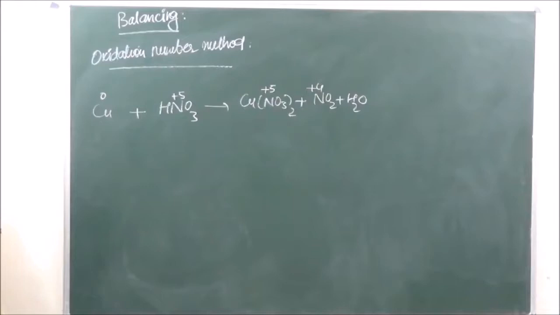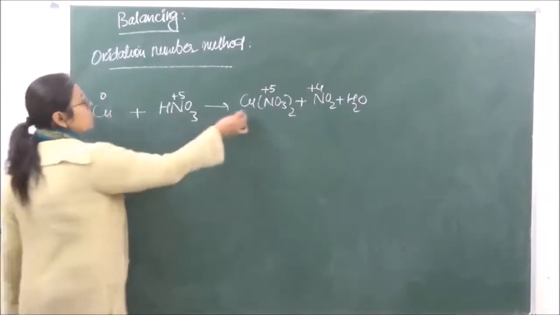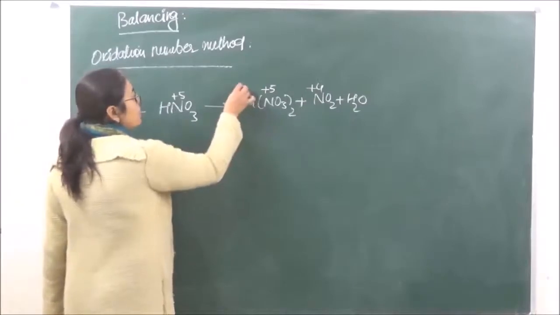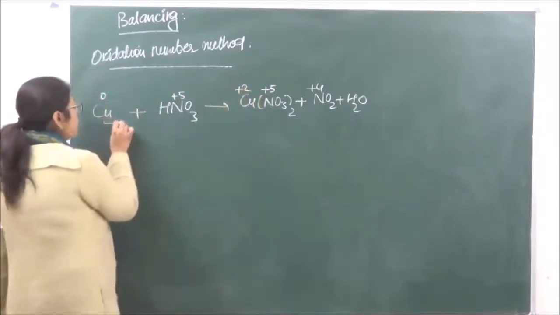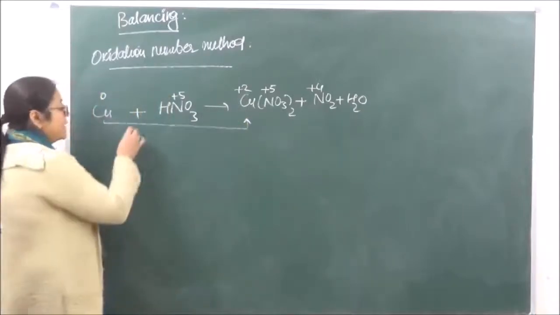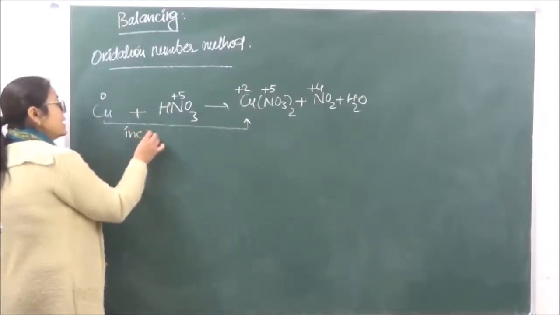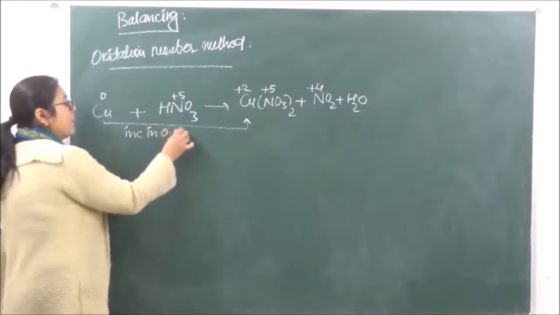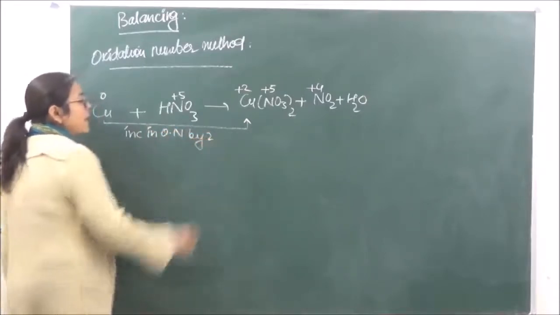Okay, so copper: what is going to be the oxidation state of copper over here? Plus 2. So copper is going from 0 to plus 2, right? So there is an increase in oxidation number by 2.